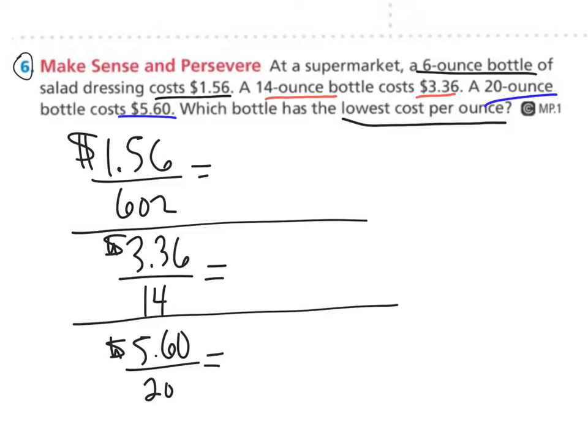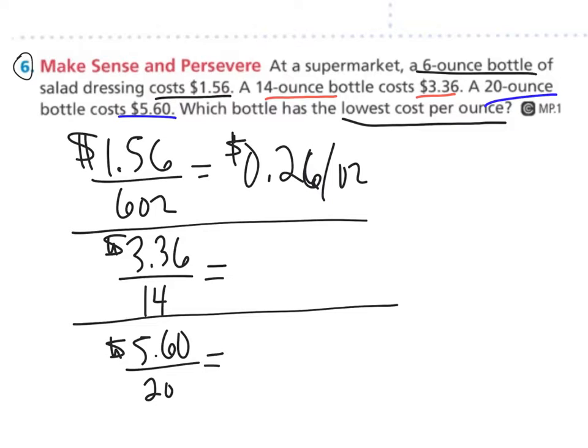Again, not necessarily the best deal, because if we don't need to use this much salad dressing and it gets wasted, then we actually spent more money. But if we're going to use it all, we'll see which one's the best deal here. So $1.56 divided by 6 would be 26 cents per ounce.